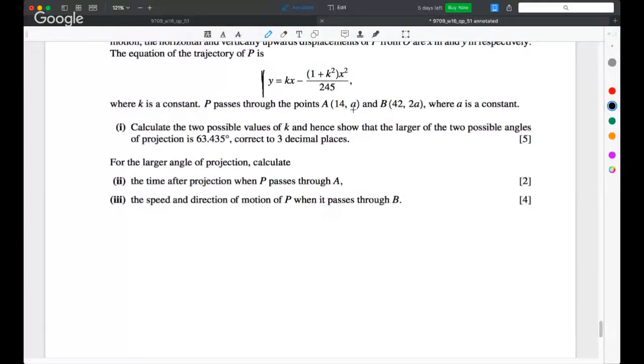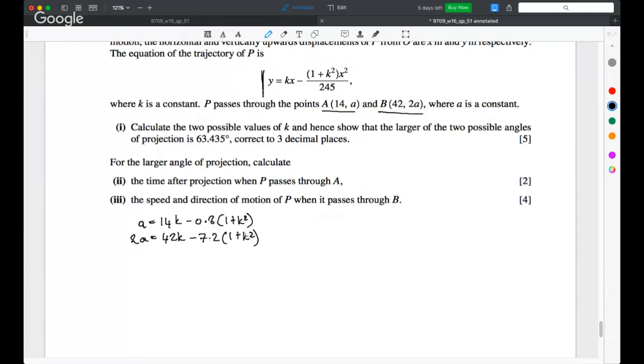Now, the first step is to plug in the 2 points which we know are on this parabola or this curve. So let's plug in a is equal to 14k minus 0.8 over 1 plus k squared, and that 2a is 42k minus 7.2 over 1 plus k squared.